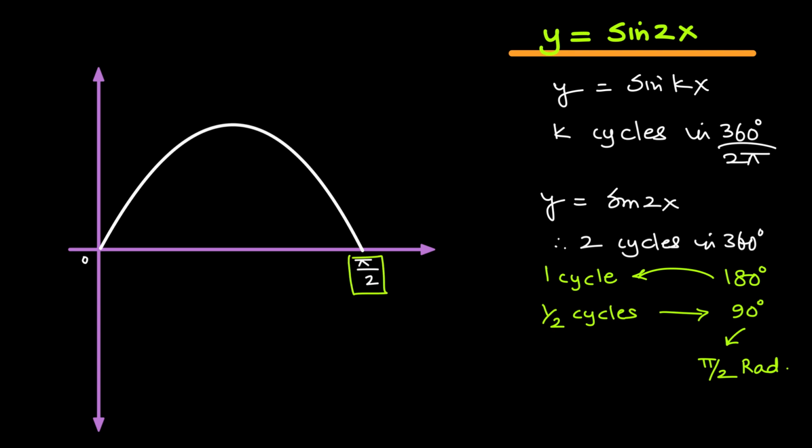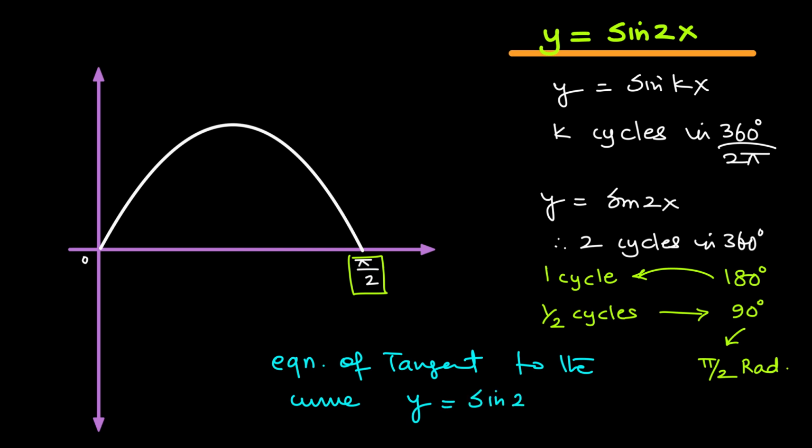Now, if I want to find the equation of the tangent to the curve, and the equation of the curve is y equals sine 2x, at a particular point, let me choose that point as, for example, this particular one, something like this.